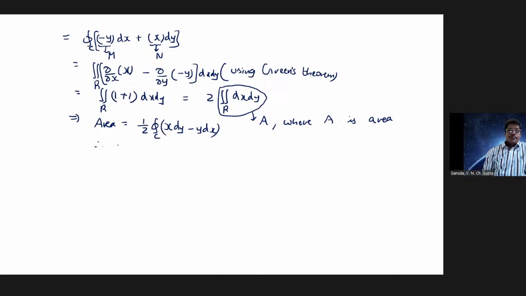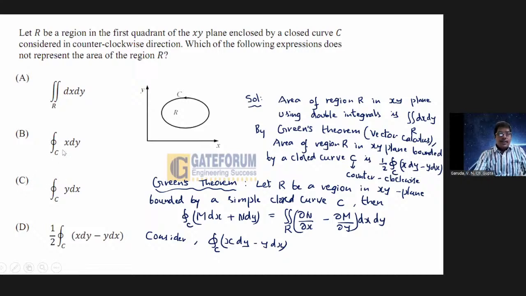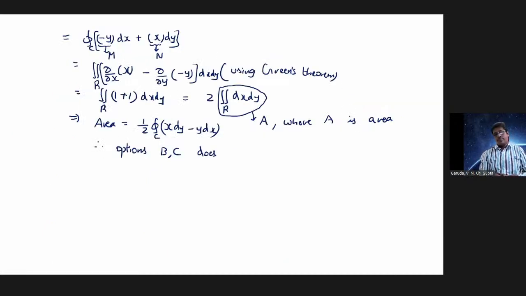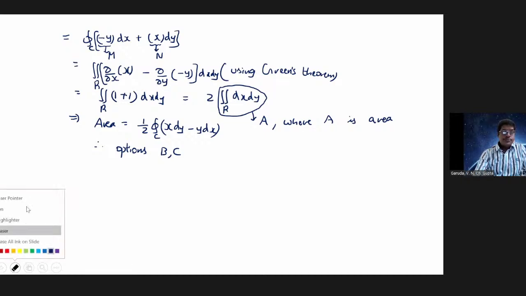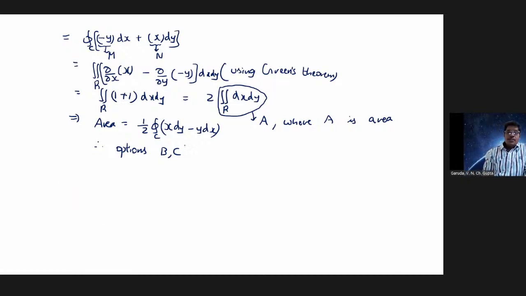Therefore, options B, C. The integrals in B and C do not represent the area. Okay. Directly you can write options B, C is the answer.